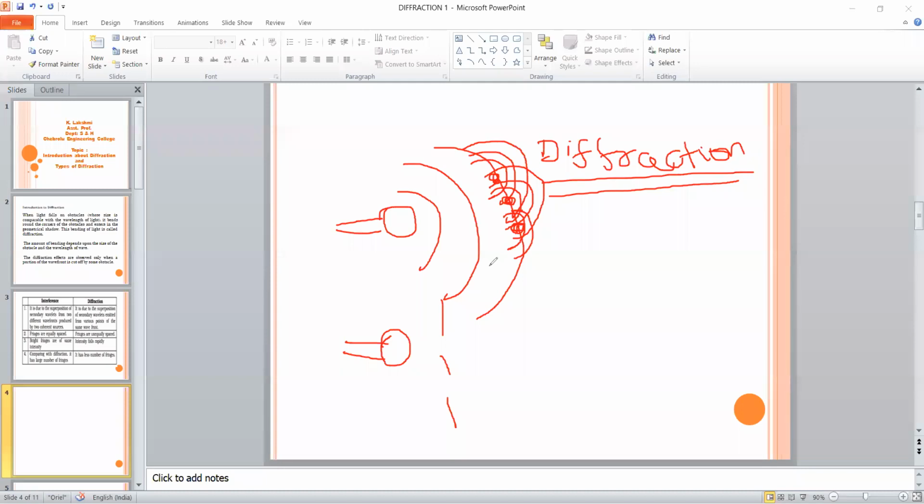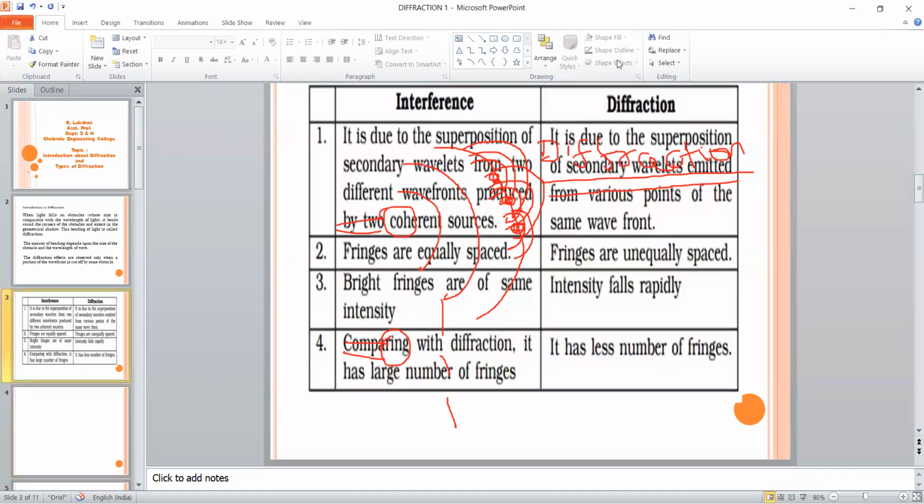So that is the main difference between interference and diffraction. I think it is clear to all. Now, once again, I repeat this definition.